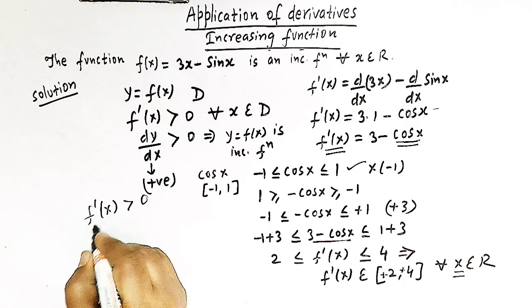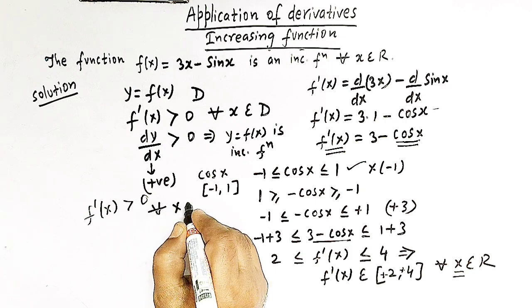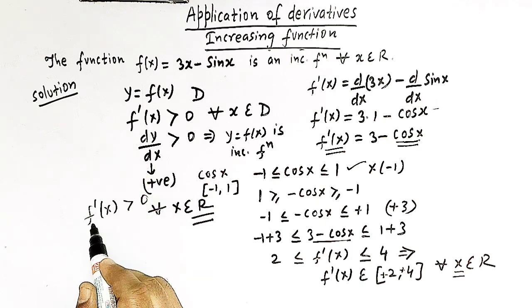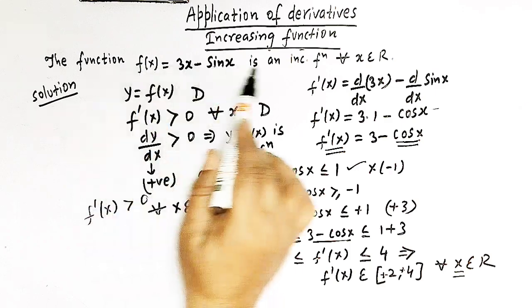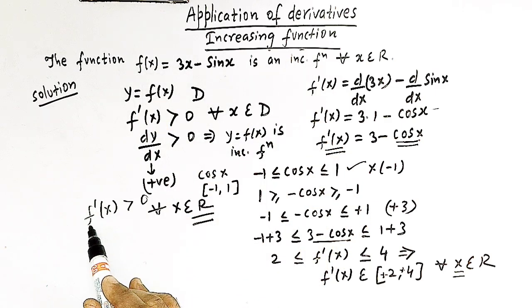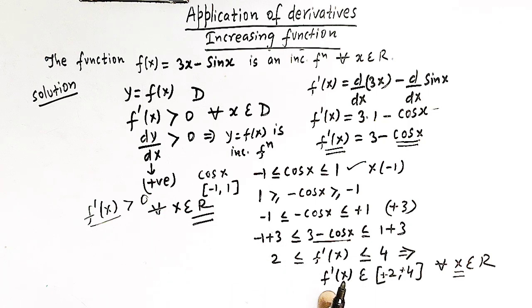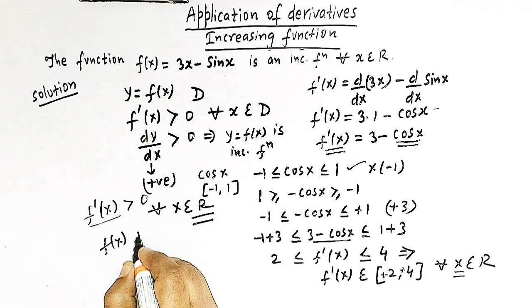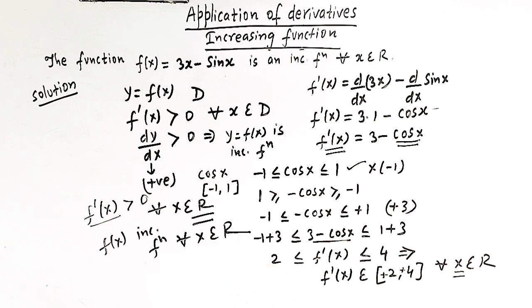So f prime of x is always a positive quantity for all x belonging to R, and from this definition now we can easily claim that the function f of x is an increasing function, because the derivative is always a positive quantity as f prime of x belongs to this interval. So f of x is an increasing function for all x belonging to R.